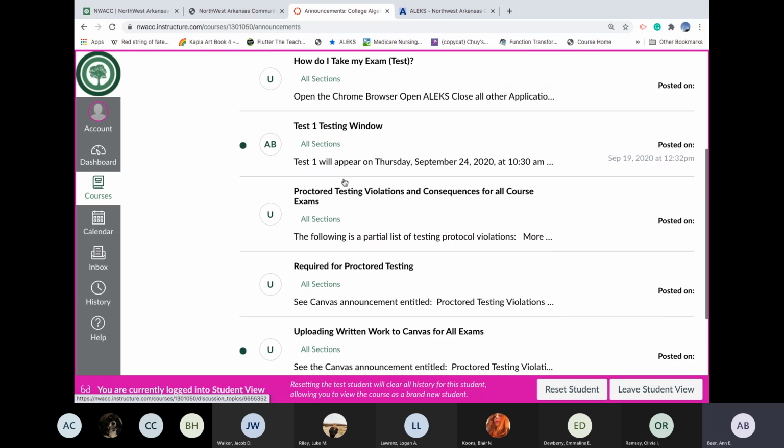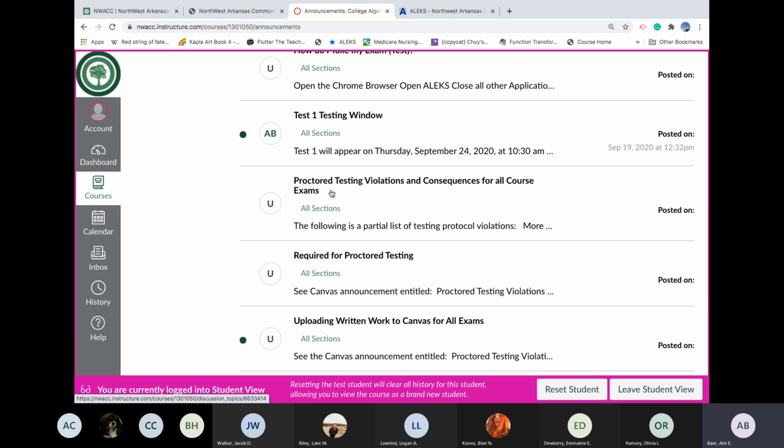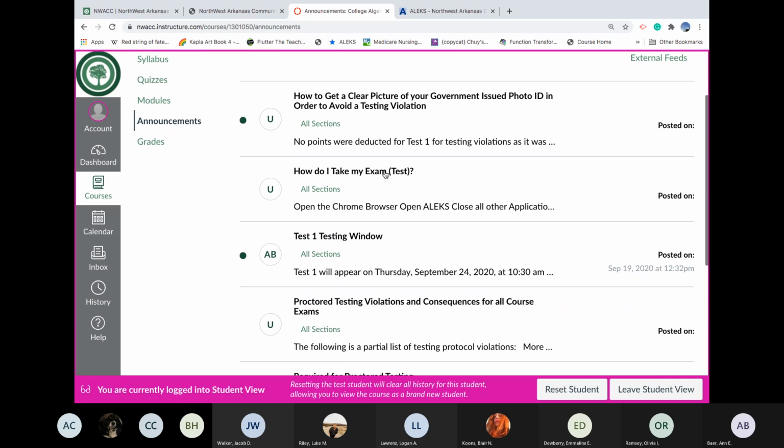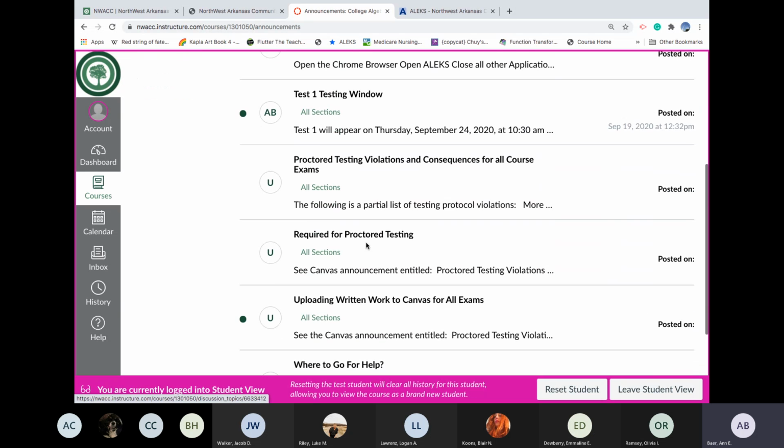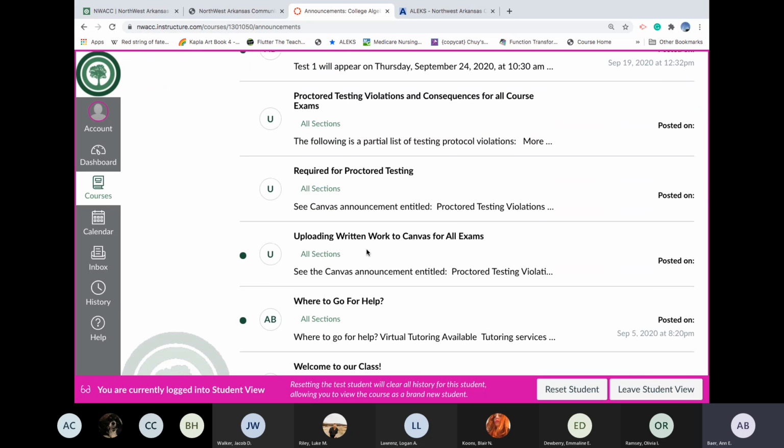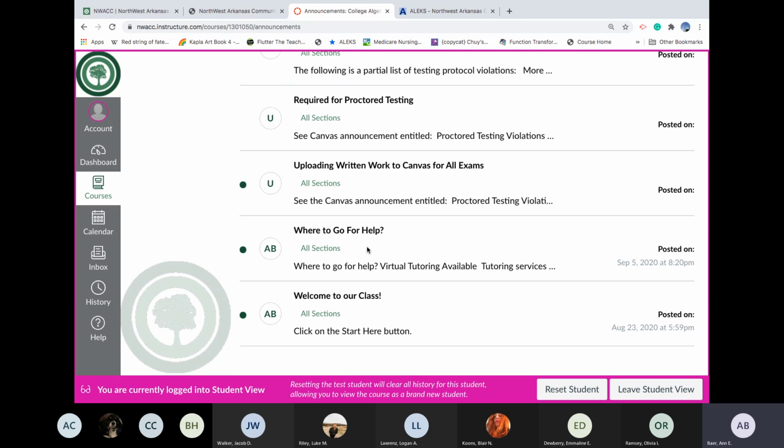This one just applies to test 1, but proctored testing violations apply now, and so do these others. Where to go for help?